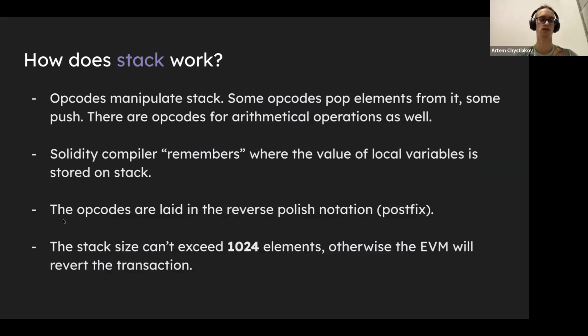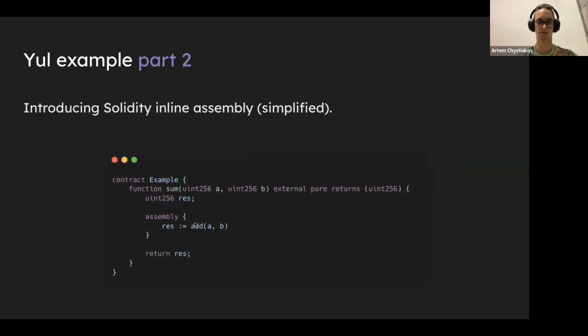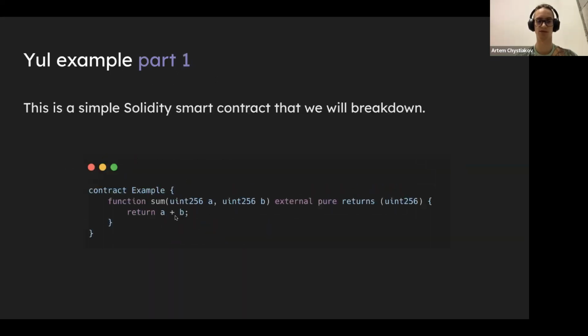Also, the important thing is that opcodes are laid out in reverse Polish notation, so in the postfix notation. What I mean here is our human readable notation is A plus B, so, I don't know, 3 plus 5.